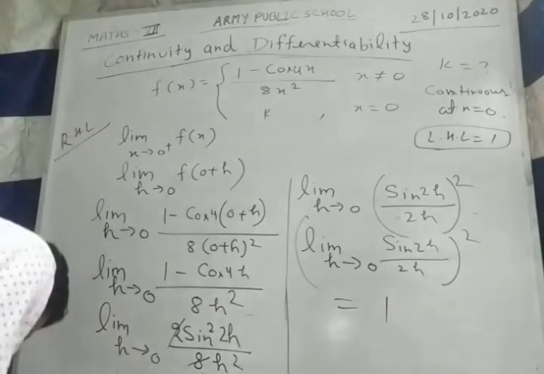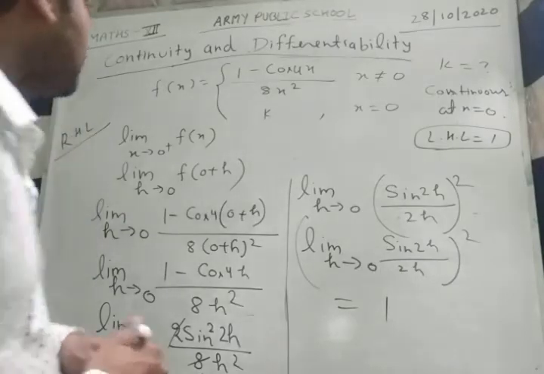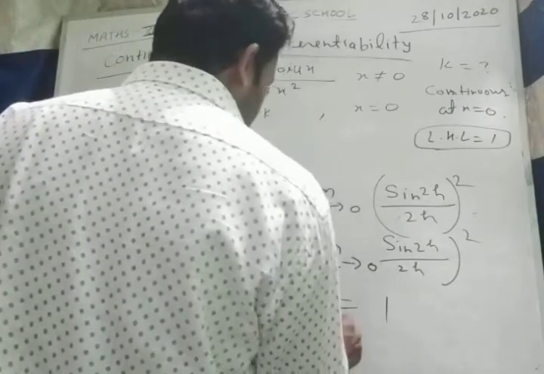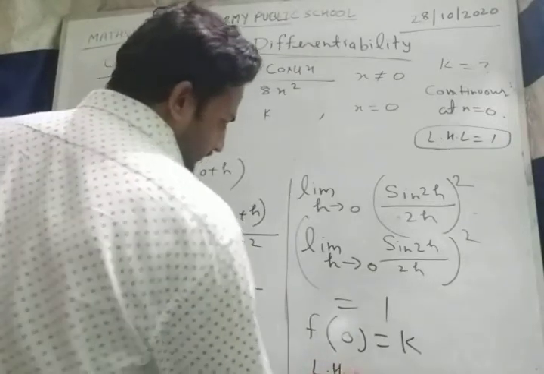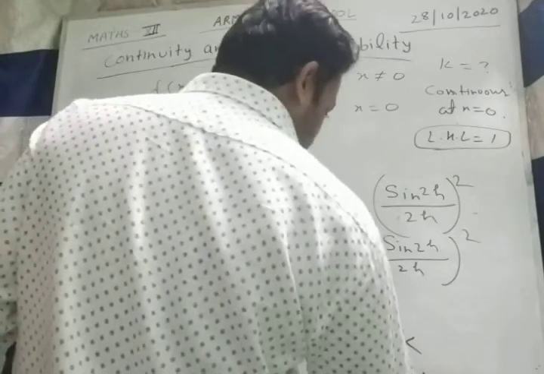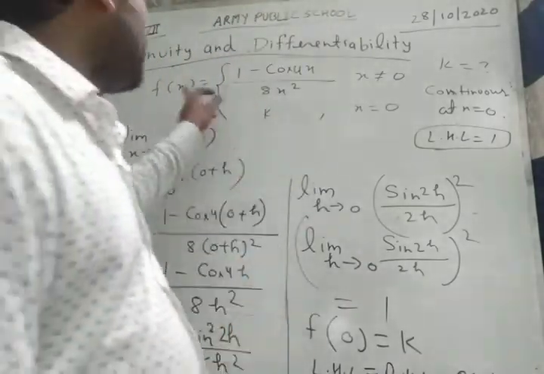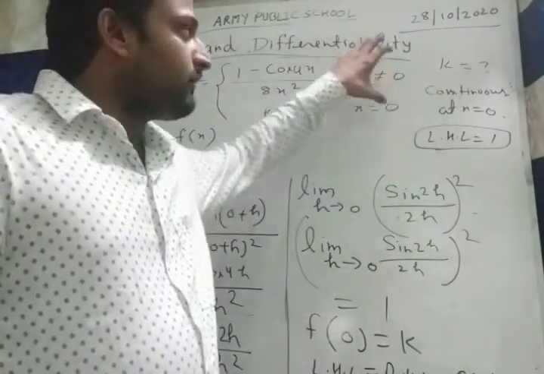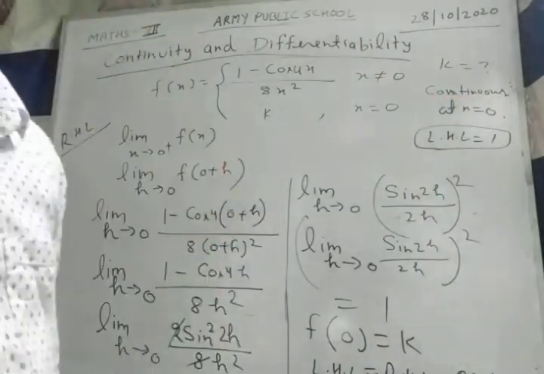So what will the value of the function be? Our value of the function at x is equal to 0 is k. So left hand limit is equal to right hand limit is equal to k, f of 0, because it is given in the question that our function f(x) is continuous at x is equal to 0.